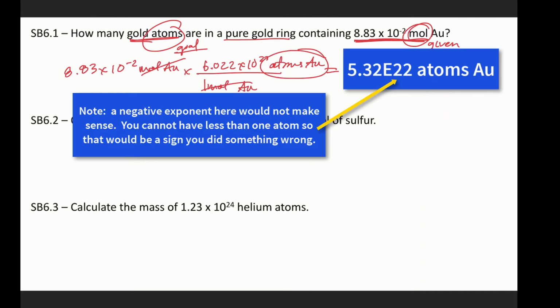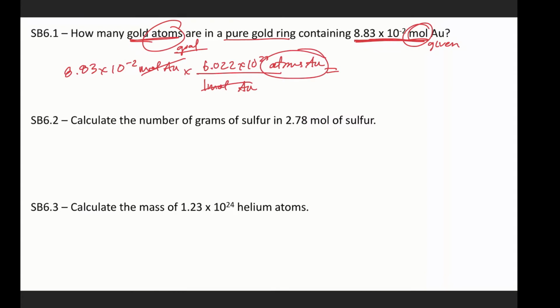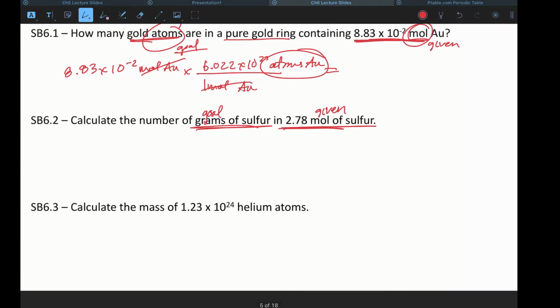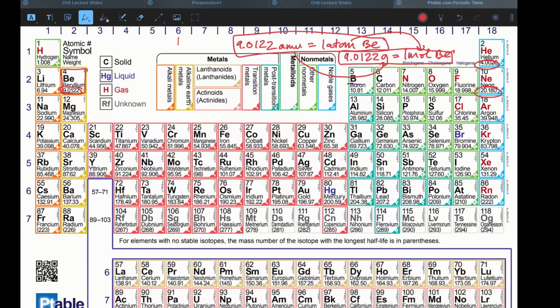Yes? All right. Next up, calculate the number of grams of sulfur in this many moles of sulfur. My given is moles of sulfur. My goal is grams of sulfur. Do I know a relationship between moles and grams? I do. Molar mass of sulfur. Sulfur has a molar mass of 32.06.